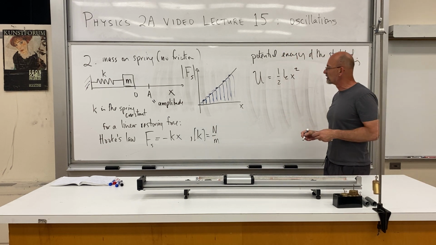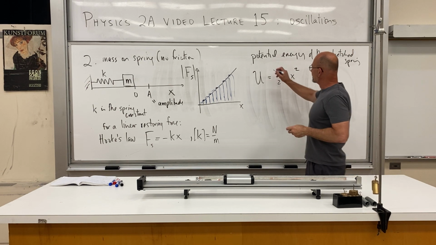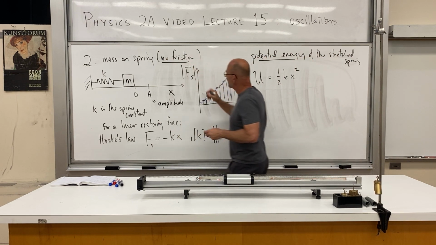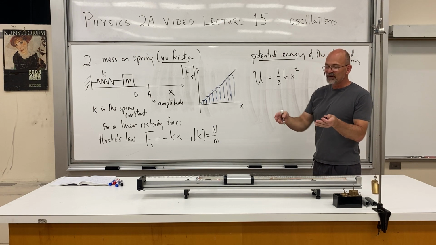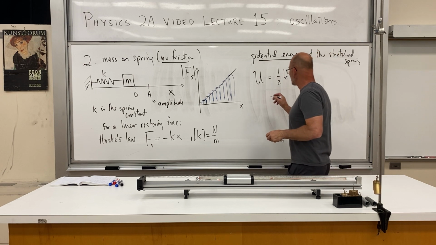We had that before, so this is just a reminder. So we've got the potential energy of the spring. I said there's no friction, so we have energy conservation. So for this system with the motion going back and forth, we have energy conservation.